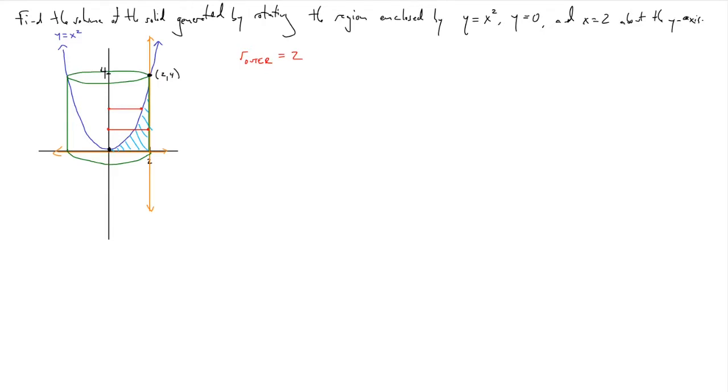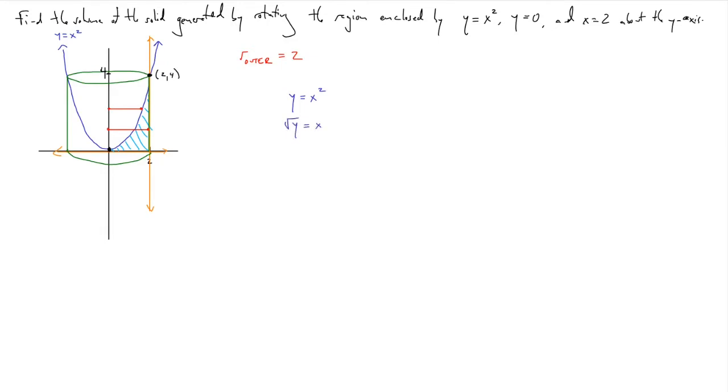And they're going to have different x values. The one that's along the y-axis is going to have an x value of 0. And then the one that's along the curve y equals x squared, well, we have to compute for a given value of y, what is the x value of that point. And once again, we do that by starting with the equation y equals x squared, the equation of the curve, and trying to compute what is x in terms of y.